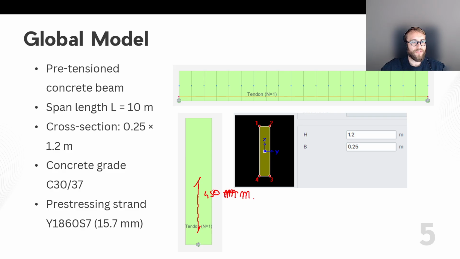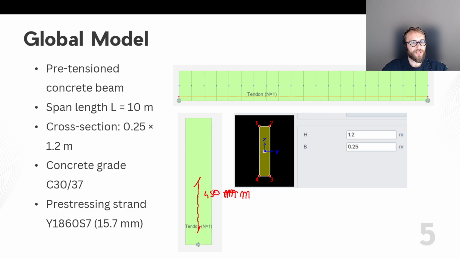This is 450 millimeters. The concrete grade is C30/37. That's a standard concrete. Once I used a higher strength, it would be better, more standardized to engineering practice.